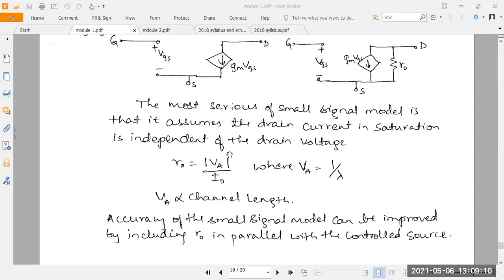VA stands for early voltage. It means we can apply the input voltage from negative to positive. That is the meaning of VA. VA stands for early voltage.